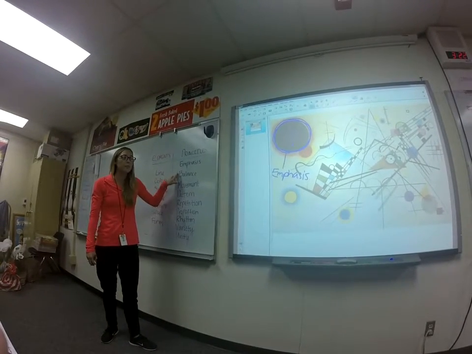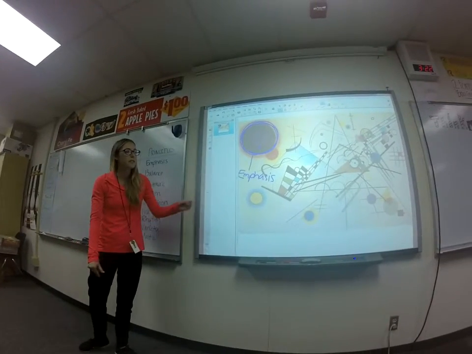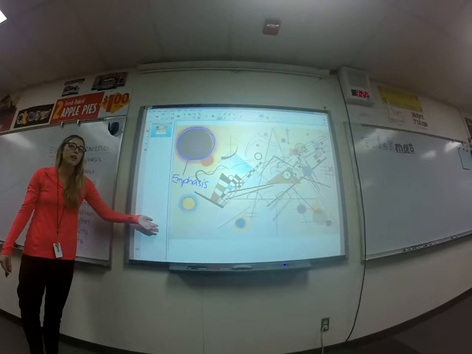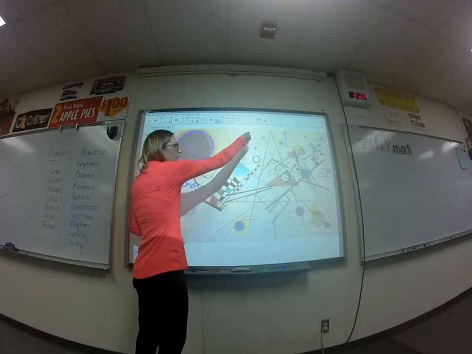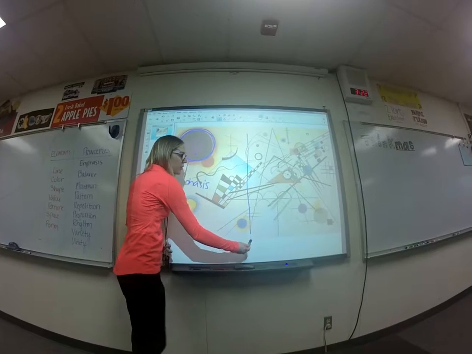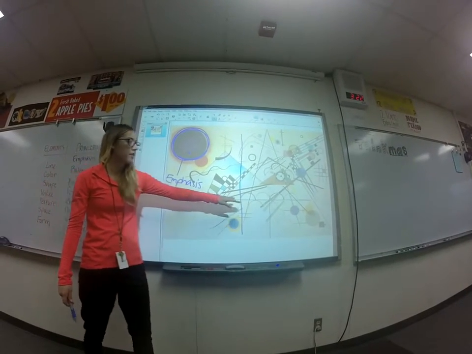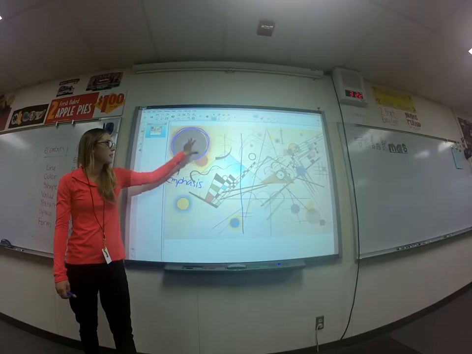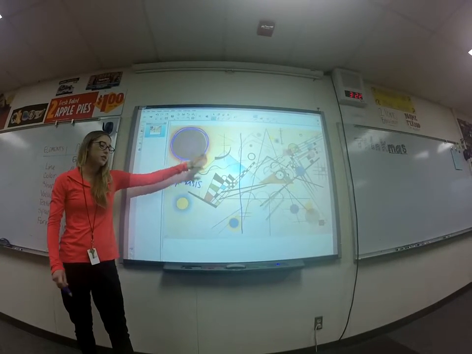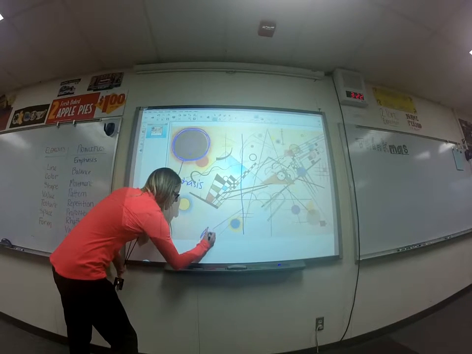Now we're at balance. What is the balance like? Is it symmetrical or asymmetrical? Pretend you cut the paper in half. On this side, we have pretty good balance. On this side, this shape is kind of throwing it off, so it's asymmetrical balance.